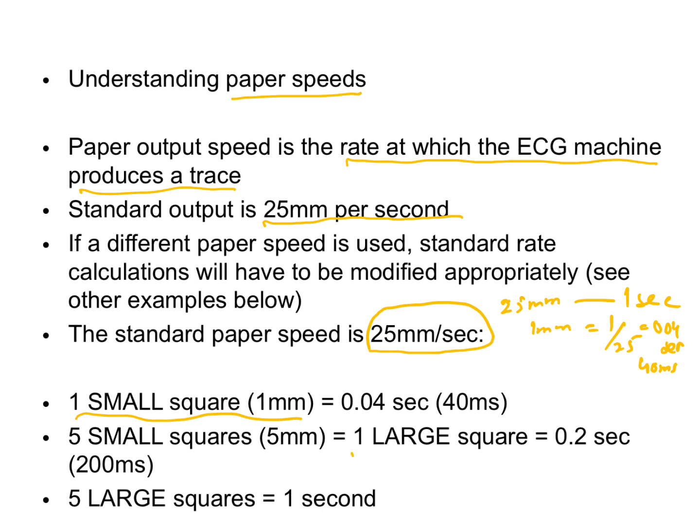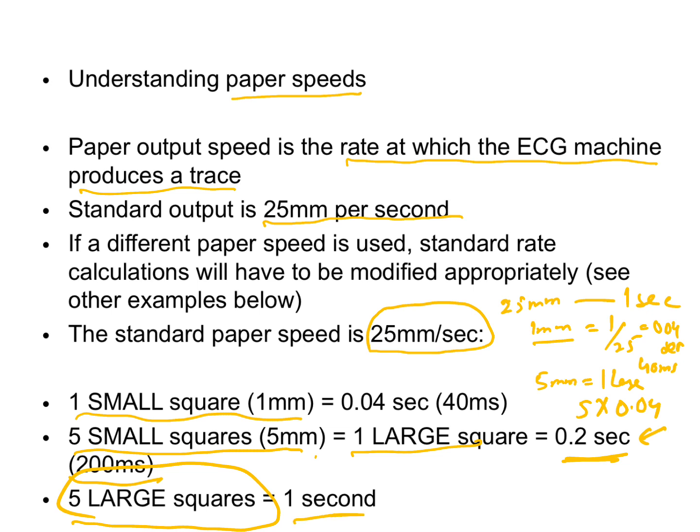And since one large scale contains 5 small scale, means 5 mm, if 1 mm is 0.04 second, 5 mm or one large scale will be 5 into 0.04, that will be 0.2 seconds. So, one large scale is 0.2 second, or 200 millisecond. So, 5 large scales constitute 1 second.